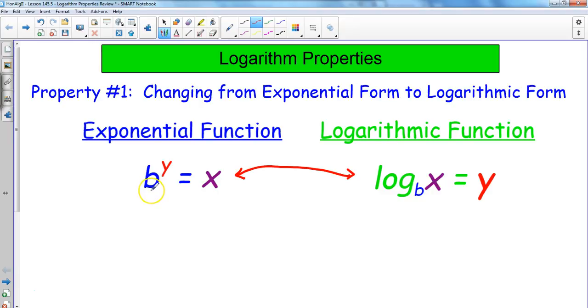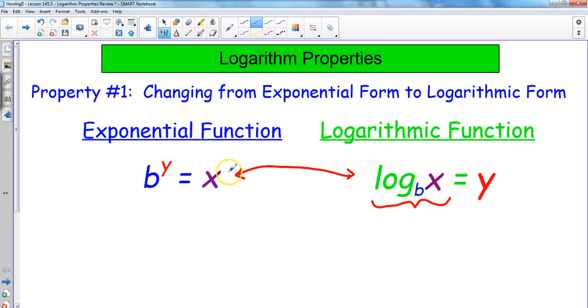So we have this exponential function b to the y equals x, and we can transform that into an equivalent expression, log base b of x equals y. So if you remember, a log is really just a different way to express the exponent. So this expression right here is just a different way of saying what the exponent is, and our exponent in this case is y.